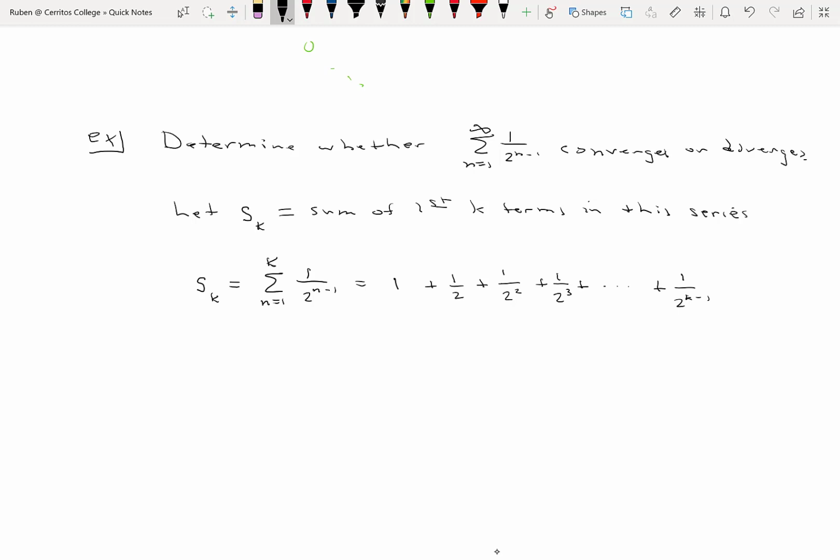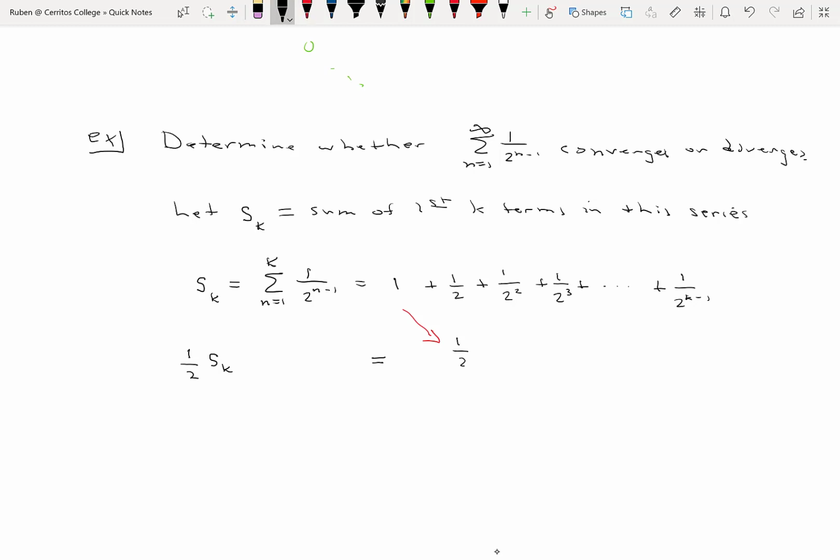Okay, so here's the trick. I'm going to take this equation and multiply both sides by 1/2. If I multiply 1 by 1/2, I get 1/2, and I'm going to scoot it over so that it's directly beneath the 1/2, the next term in the sum above.